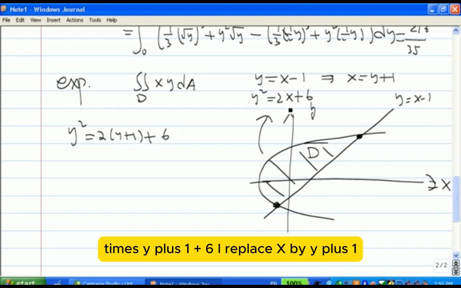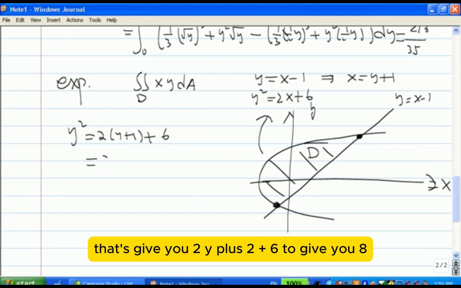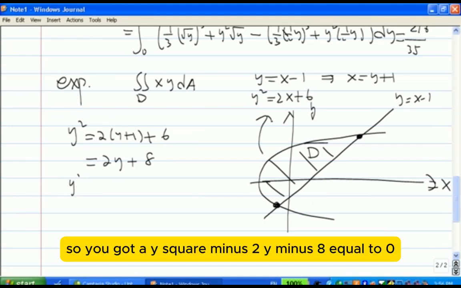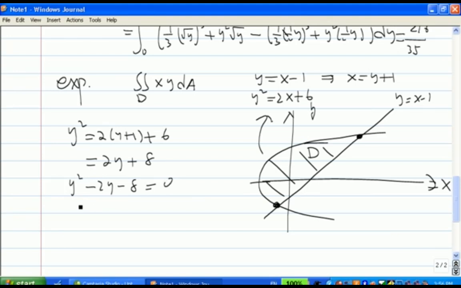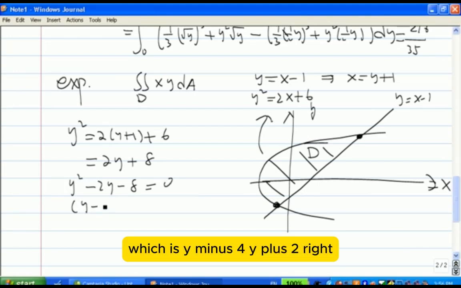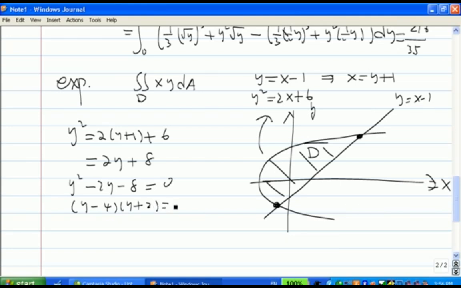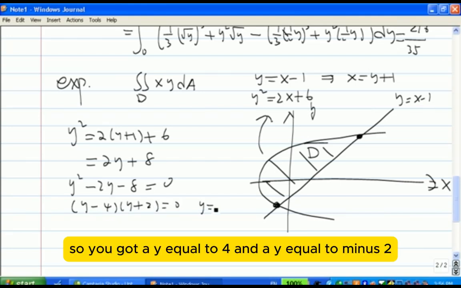I replace x by y plus 1, which gives 2y plus 2 plus 6, that is 8. So you get y squared minus 2y minus 8 equals 0, which is (y minus 4)(y plus 2), so y equals 4 and y equals minus 2.